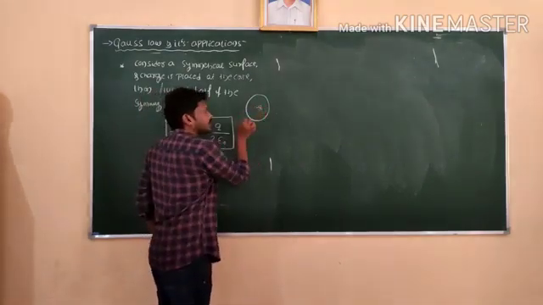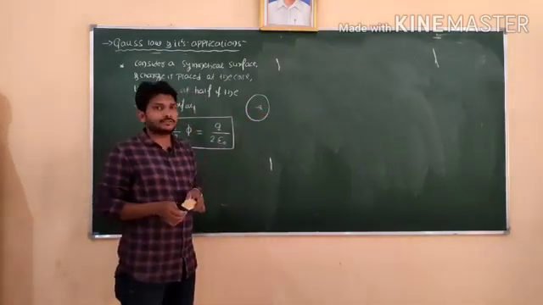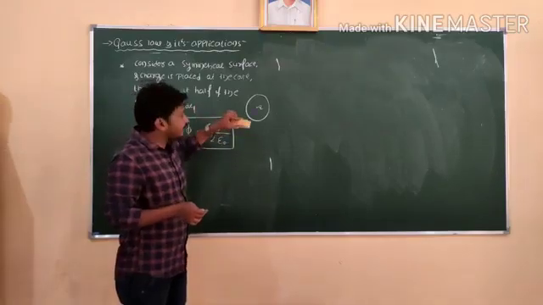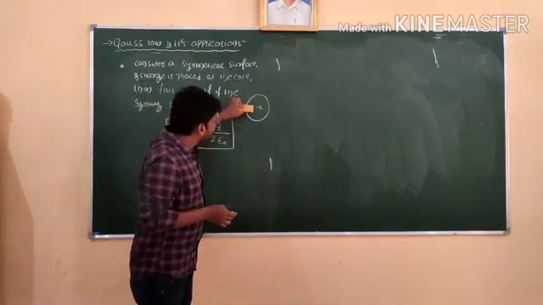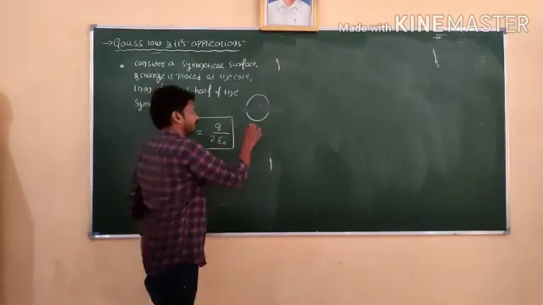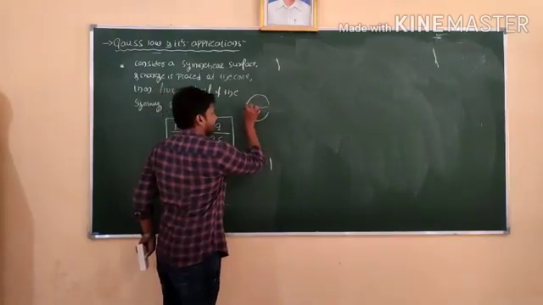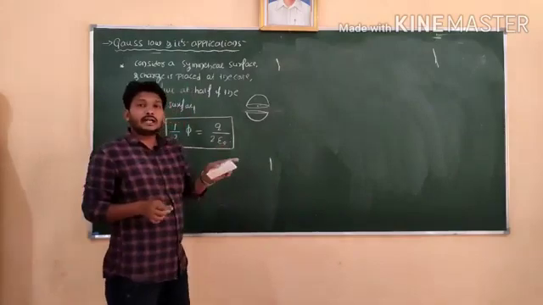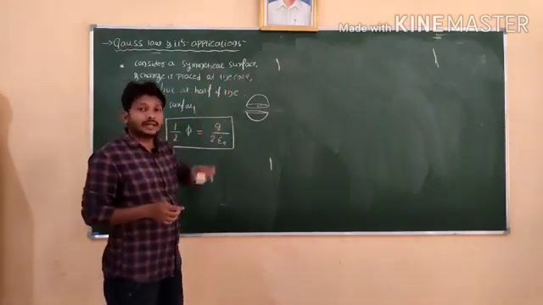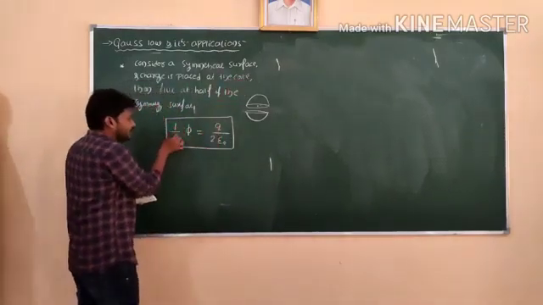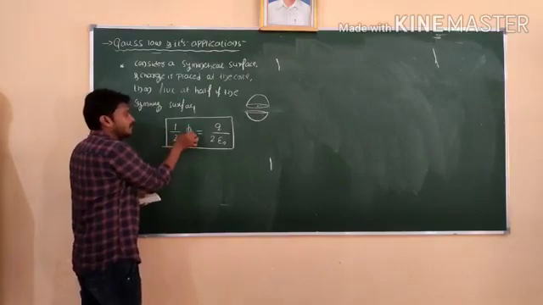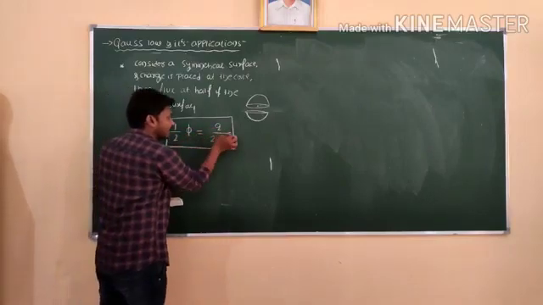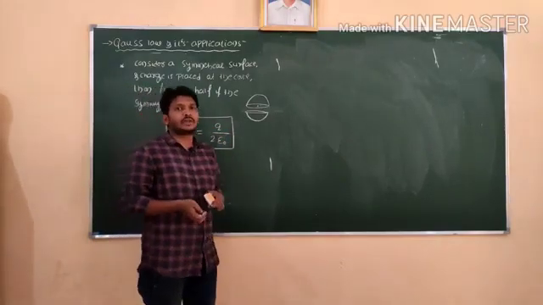Let me place one charge at the center of this sphere. Now I will divide that sphere into two equal parts. Then what is the flux through each half of the symmetrical surface? Each half means 1/2 phi, so it is equal to Q divided by 2 epsilon naught here.